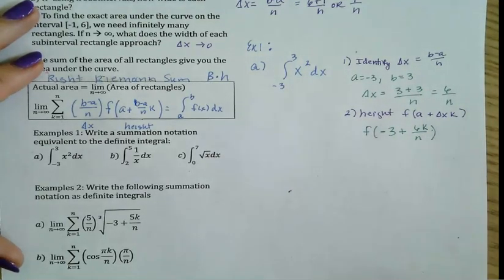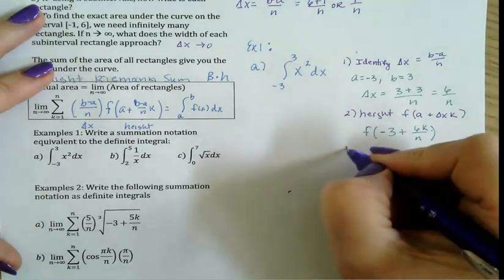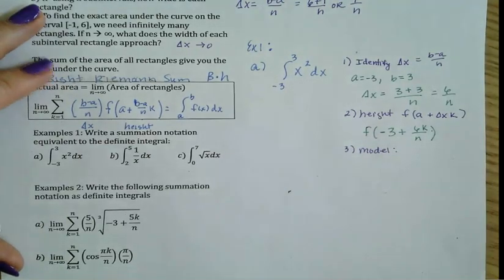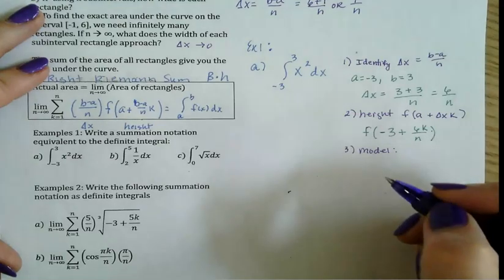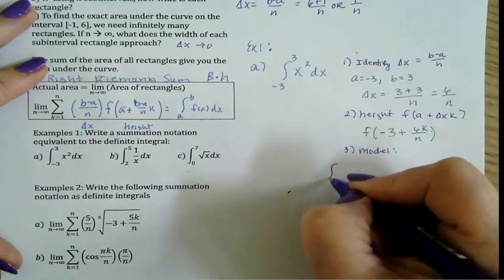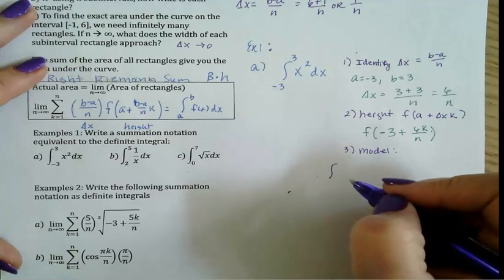And so now the last thing we have to do is write the model. So everything goes into the model. We're finding the integral from a to b.